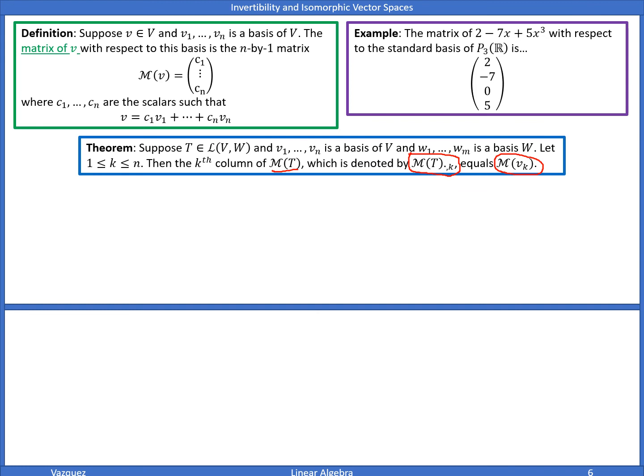And if you just read it and really internalize what it's saying, you should know that this really comes from definition. Remember from last lecture how we defined the kth column of M(T)?